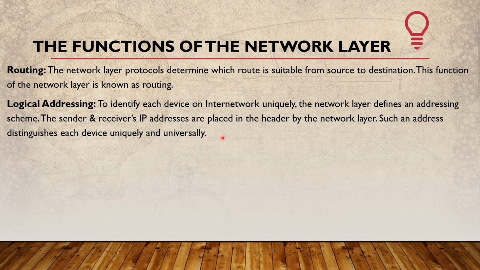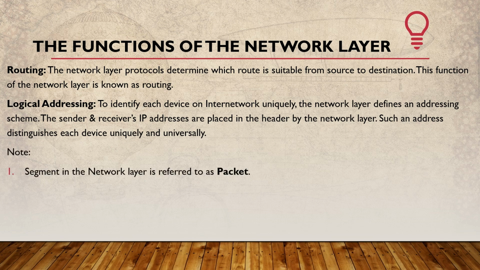Network A will use a different IP schema and network B will use a different IP schema. I establish communication between network A and network B, with the header containing the sender address, receiver address and such information in the transmitted data. Such information distinguishes each device uniquely and universally.